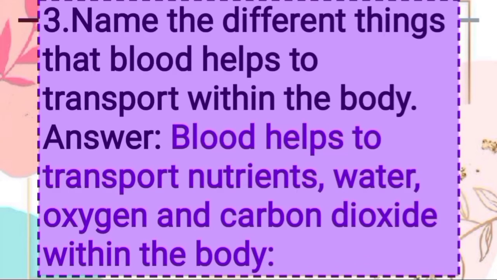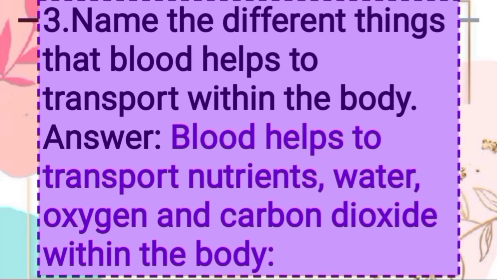And third, excretory system, which is an organ system that helps in getting rid of waste formed inside our body. Now next question, name the different things that blood helps to transport within the body. Answer, blood helps to transport nutrients, water, oxygen and carbon dioxide within the body.